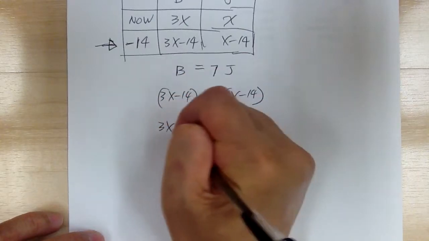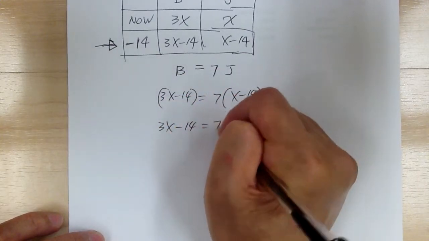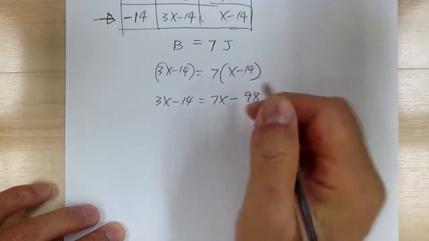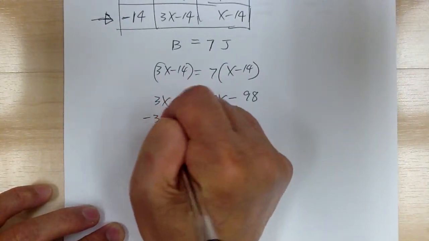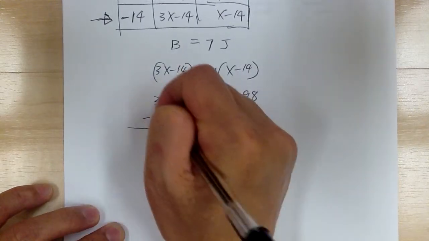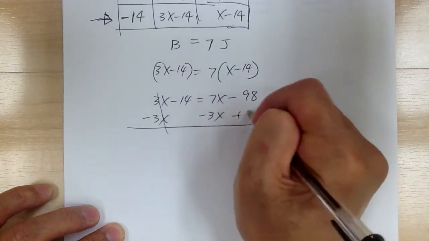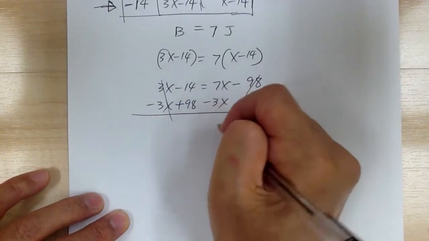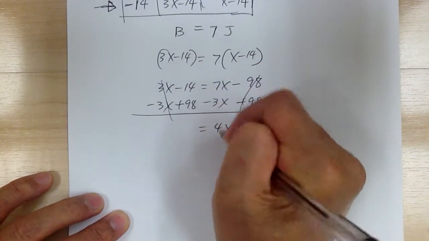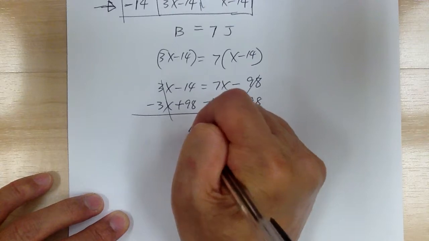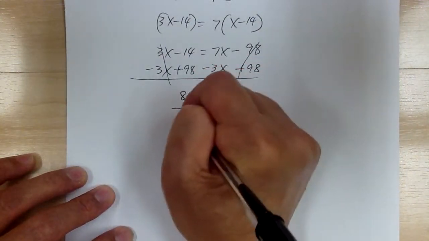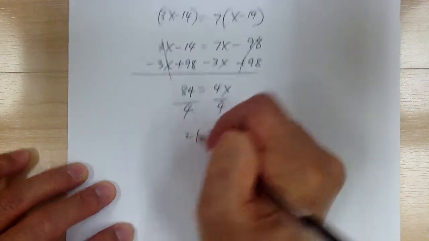So you got 3x minus 14 equal to 7x minus 98. Next, go and solve. So minus 3x, cancel out, plus 98, cancel out. So you got 4x is equal to 84. Divide by 4, so x equal to 21.